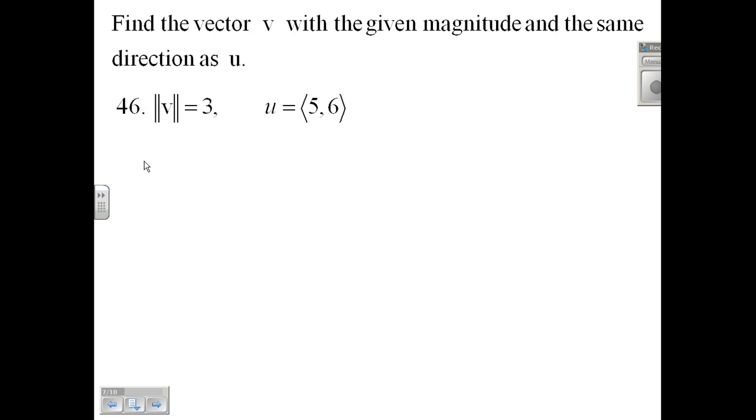Find the vector v with the given magnitude and the same direction as vector u. Again, here is our symbol for magnitude, kind of like these little double absolute values. Magnitude is 3. Let's take a look at u. U is a vector that would take my chair or my desk and slide it 5 to the right, 6 up, to this point right here, 5, 6.